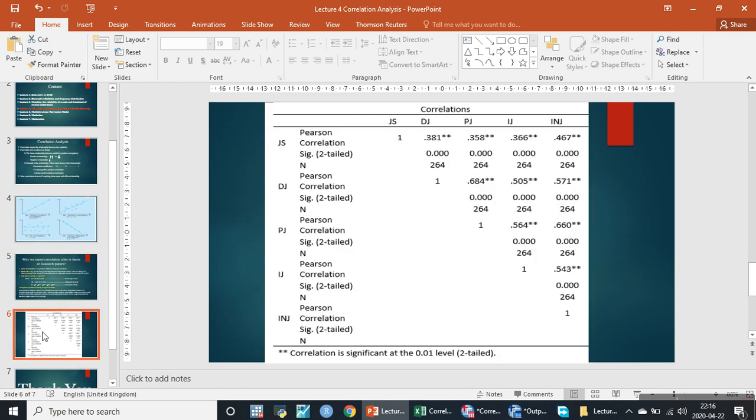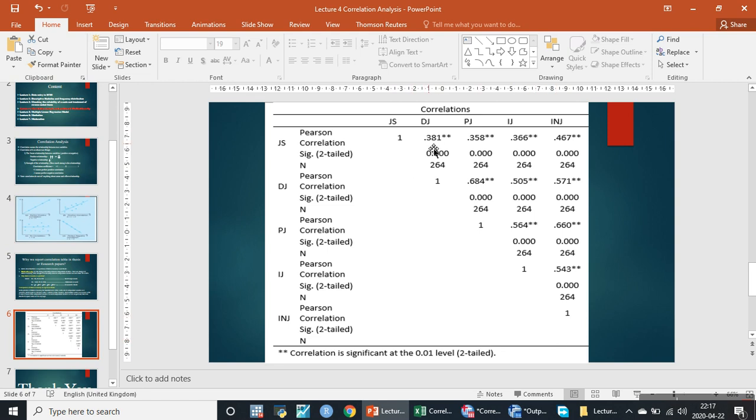like this. This is the correlation table because all of the values below the diagonal were the same as all of the values above the diagonal. Diagonal means this one. So we have removed all of the values below the diagonal.